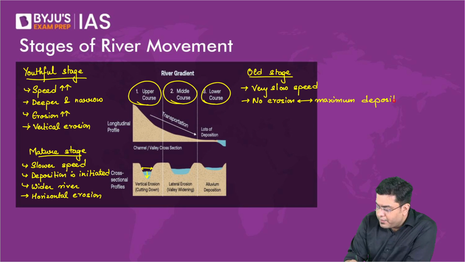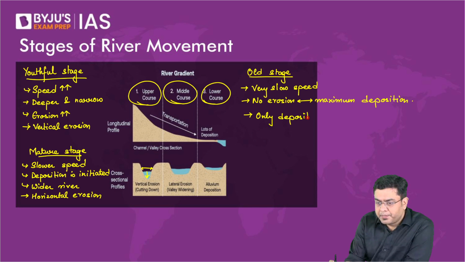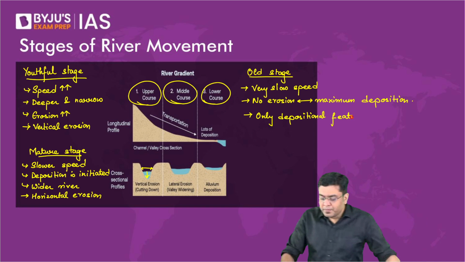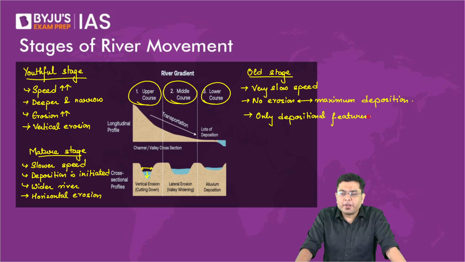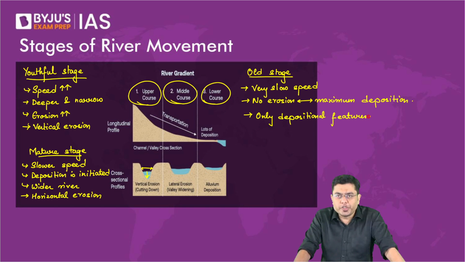And then you will observe only depositional features. Okay, so that is basically the various different stages that you will encounter in any kind of river movement that you will observe.